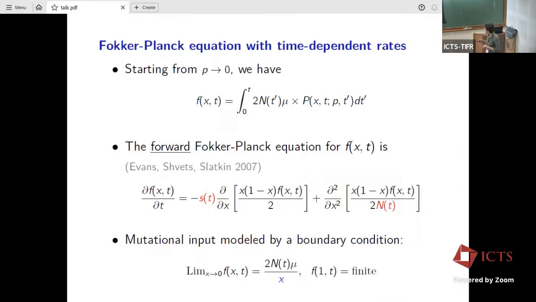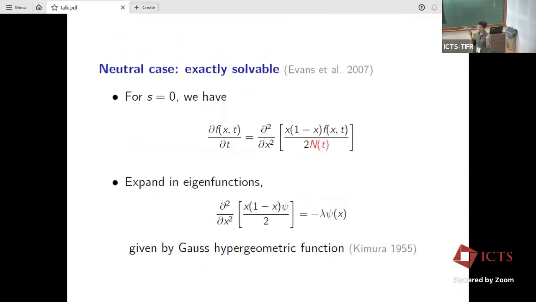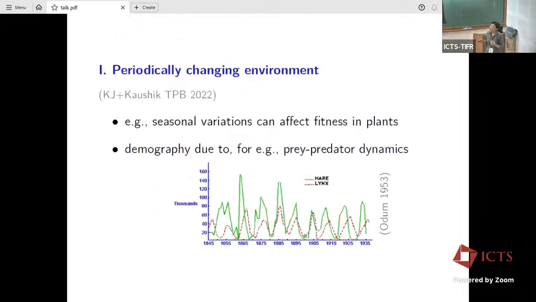So we have this complicated differential equation and this boundary condition, which is very complex, and it's impossible to obtain exact solutions except for one case, which is when selection is not there. That's very well known because of the work of Kimura. So I'll give a couple of examples of what we are interested in. I want to describe these 2 problems.